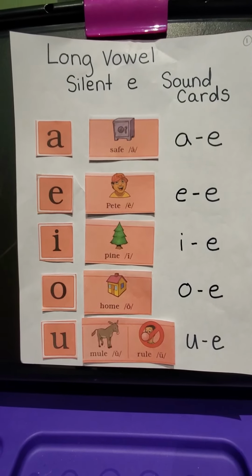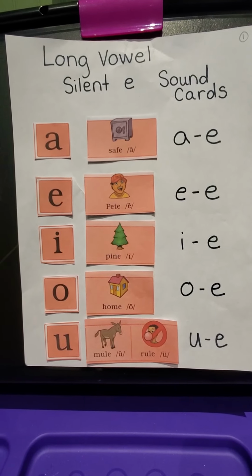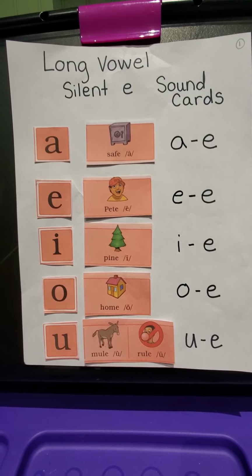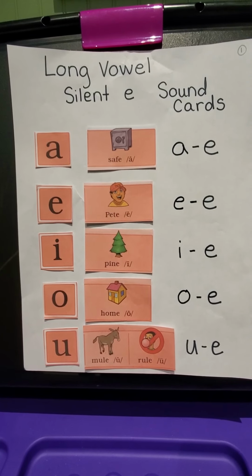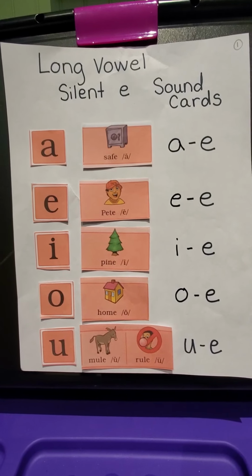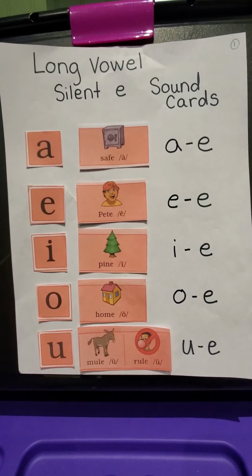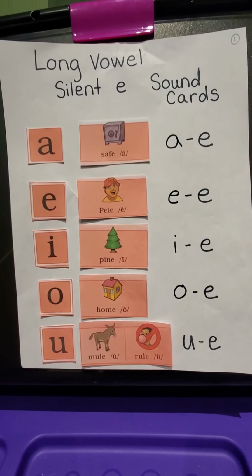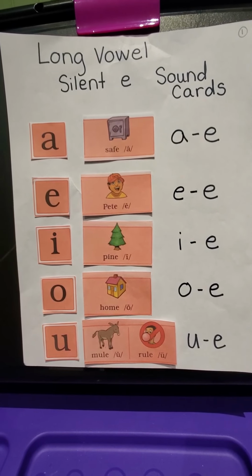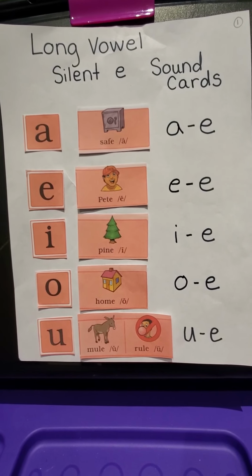So when we have the long vowel silent E sound, when we write it, for each one, we write the vowel, a dash, and then E at the end. And I know that can be a little bit confusing because when you do the marking on a long vowel silent E word, you underline it and you write V-E.